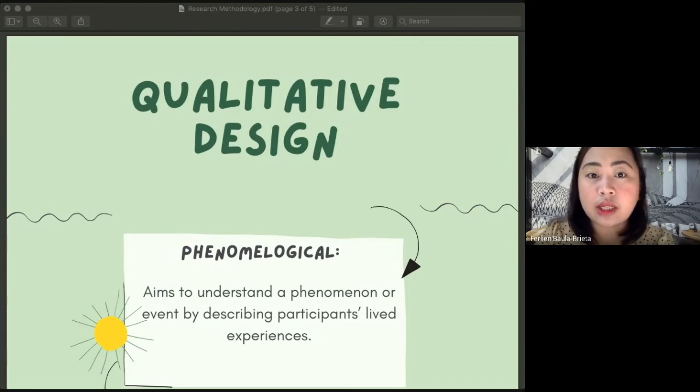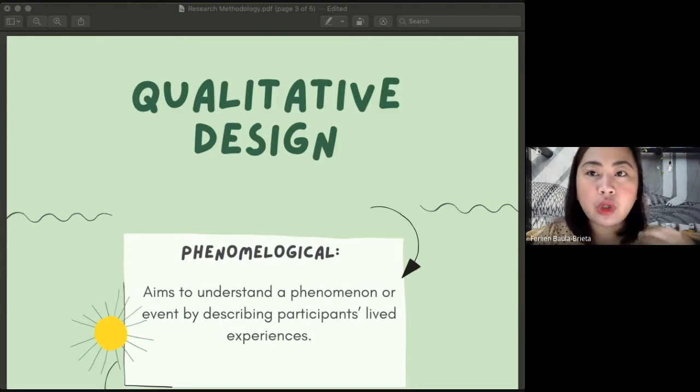You need to decide. Are you gonna observe or gonna ask your respondents some data about their behaviors, about their practices, about their experiences. So those things are or can be gathered using qualitative method.